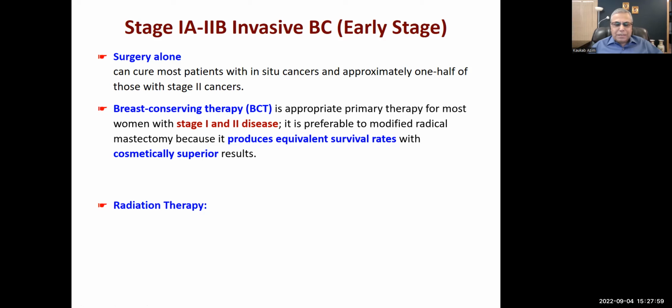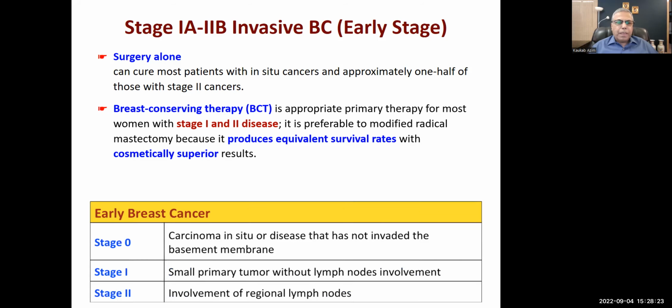So breast conservation is one of the objectives, and our experience shows that the results for breast conservation therapy are as good as removing the whole breast, okay? But obviously the surgeon and the oncologist and the team that is treating the cancer have to evaluate the patient, okay?